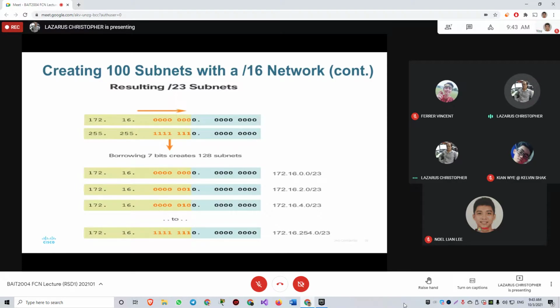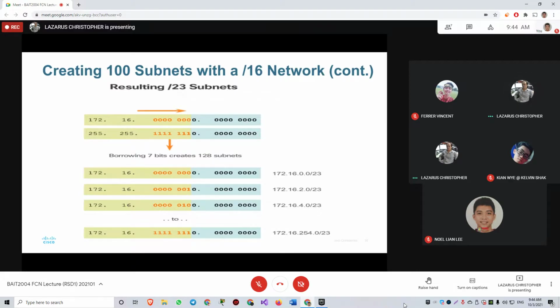Here is an example of borrowing 7 bits. When you just look at this /23, you will not know whether it's plus 16 or plus 8 or plus A, B, or C. In order to get a proper understanding of this /23, you need to know the original network address.